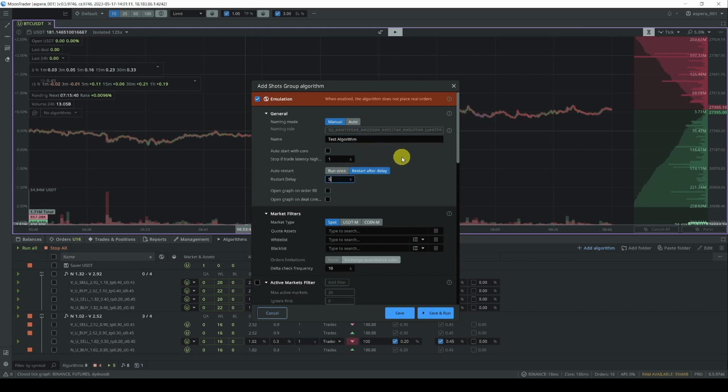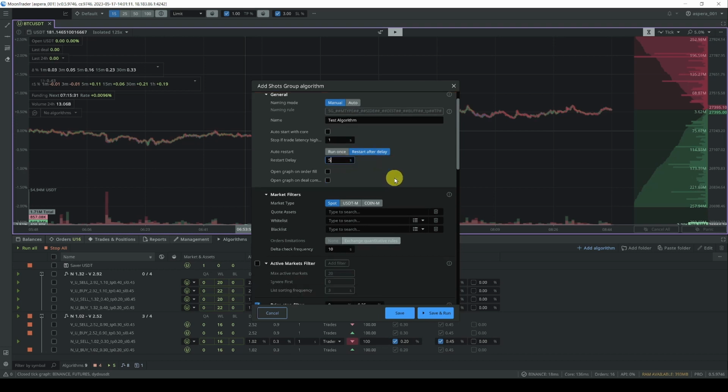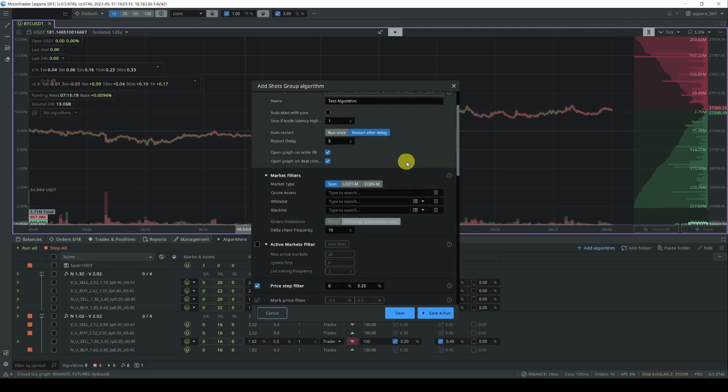When a trade happens, the algorithm wants to restart and it waits this number of seconds before it does so. Okay, let's click this. Once the trade happens, it will open the graph for me so that I can notice it more easily.